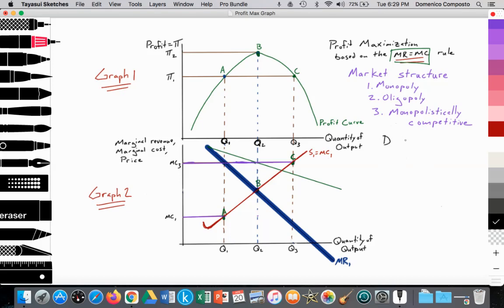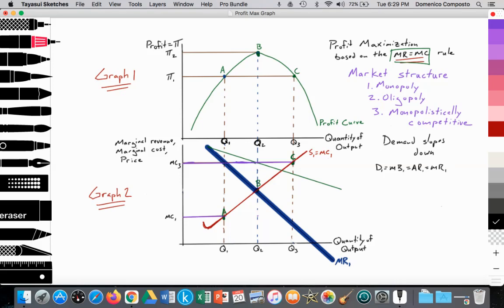In these market structures, demand slopes down, as opposed to a perfectly competitive market structure where the demand curve is perfectly elastic. In that previous video, we highlighted how demand equals the marginal benefit, which is equal to average revenue, which is equal to marginal revenue.